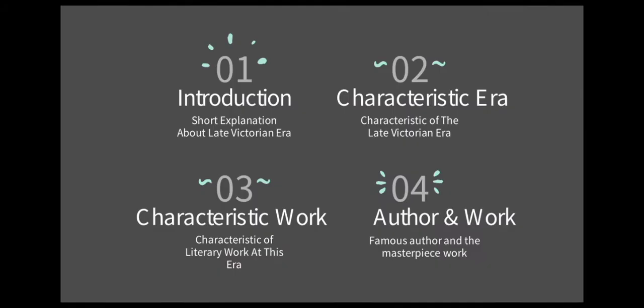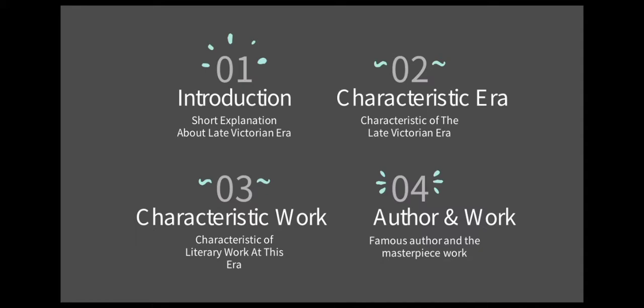Today I'm going to tell you the history of English literature. This is in the late Victorian era. Okay, I'm here to explain the fourth material from the late Victorian era. The first one is introduction.